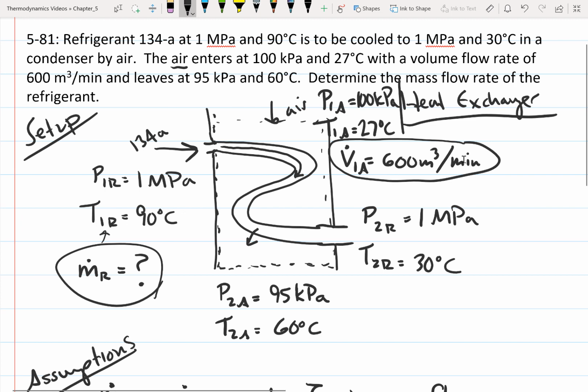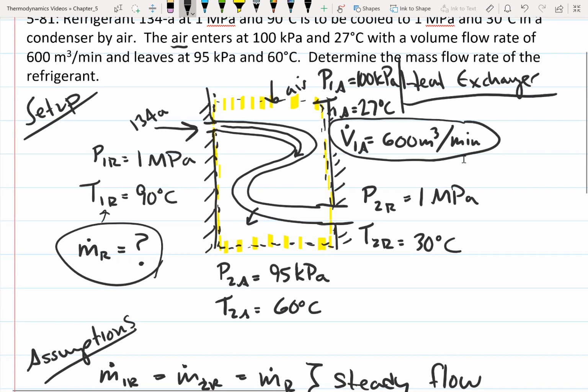So our system includes both pipes: the pipe with the air and the pipe with the refrigerant. If we assume that this is well insulated, which is often a really good assumption with heat exchangers, and in real life they're often pretty well insulated, we can assume that there's no heat transfer out of the system.